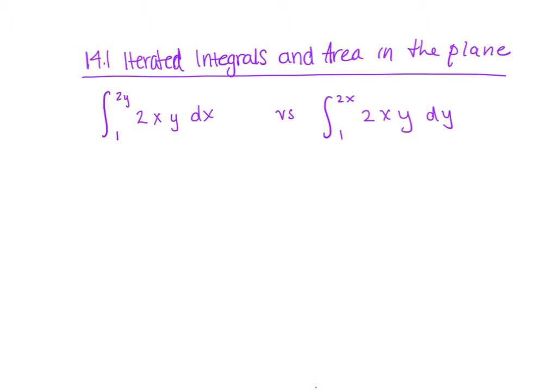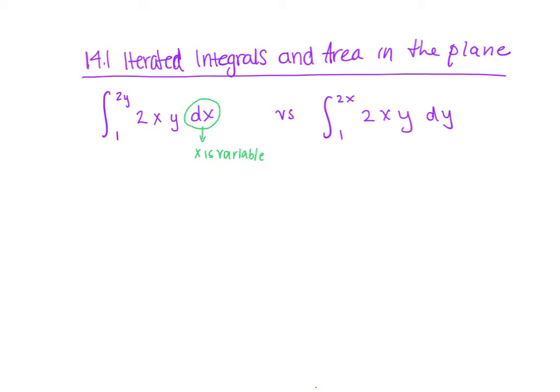I've got the integral from 1 to 2y of 2xy dx. This part right here tells me that x is my variable, which means all the y's are treated as a fixed constant.